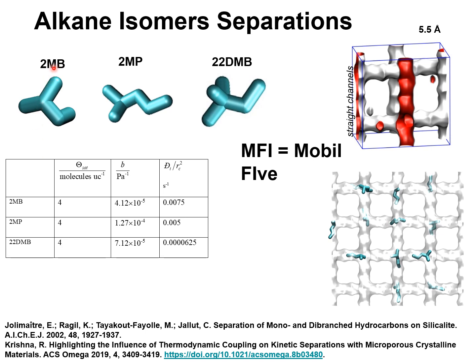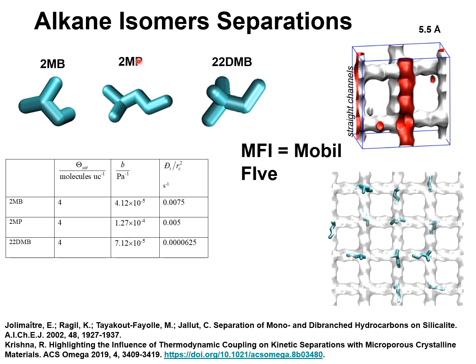For 2-methylbutane, the Langmuir constant is 4.12 times 10 to the minus 5 Pascal minus 1. The corresponding Langmuir constant for 2,2-dimethylbutane is higher. It's 7.12 times 10 to the minus 5.